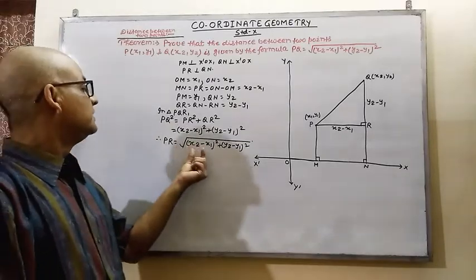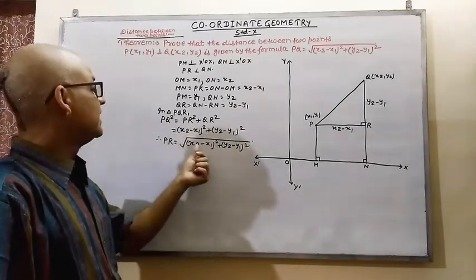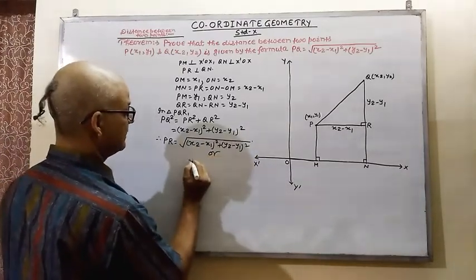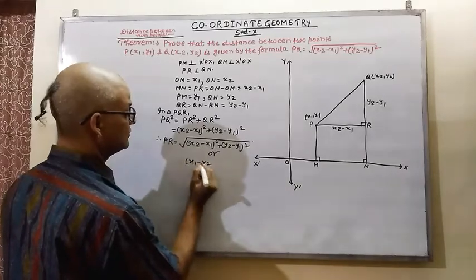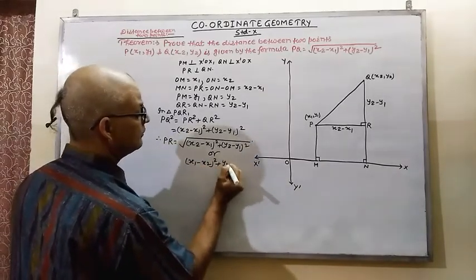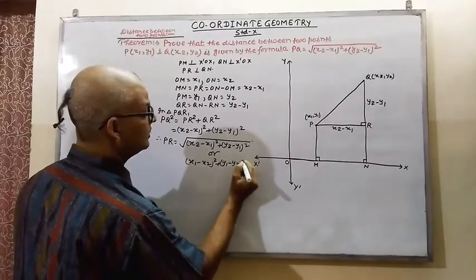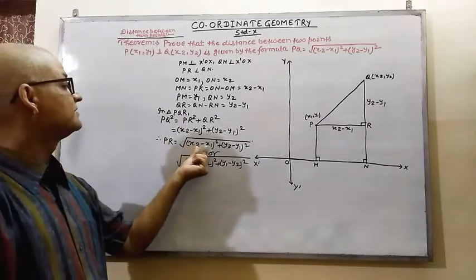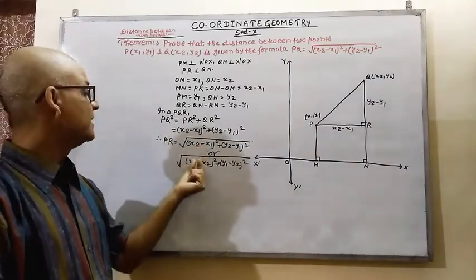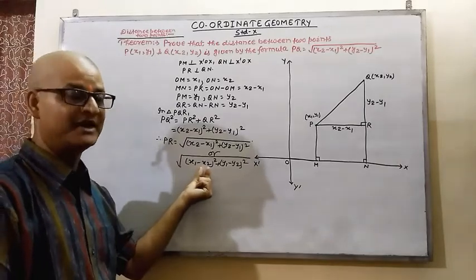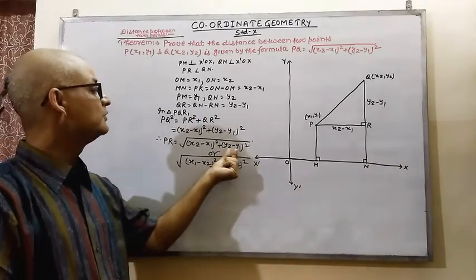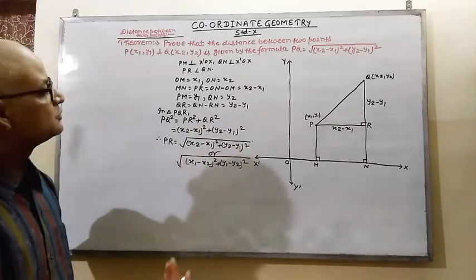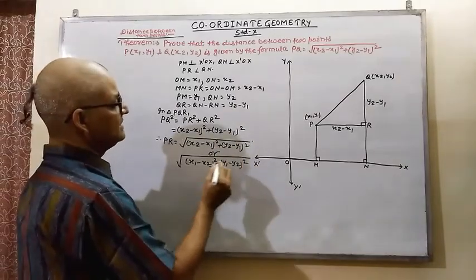Even this can be written as (x1 minus x2) whole square plus (y1 minus y2) whole square, under the square root. Because the value of (x2 minus x1) whole square and (x1 minus x2) whole square is the same, and (y2 minus y1) whole square and (y1 minus y2) whole square are both the same. So students can use either according to convenience.